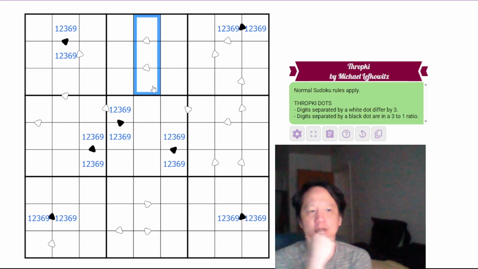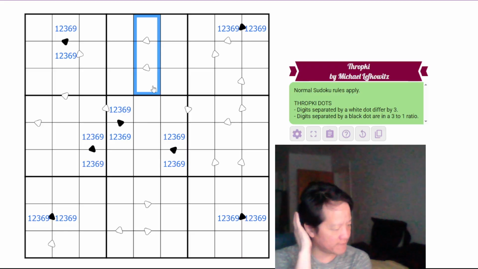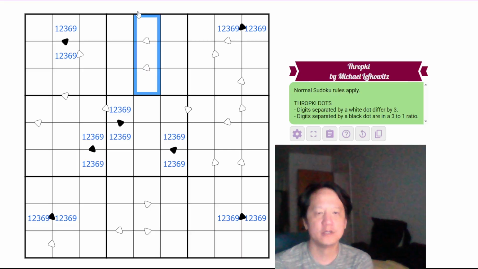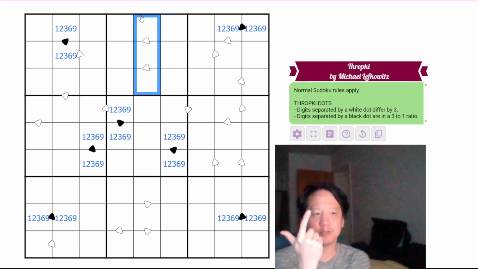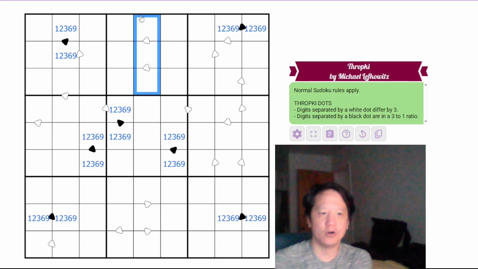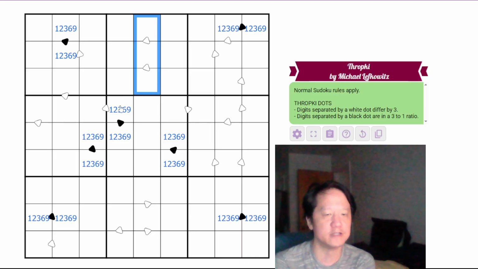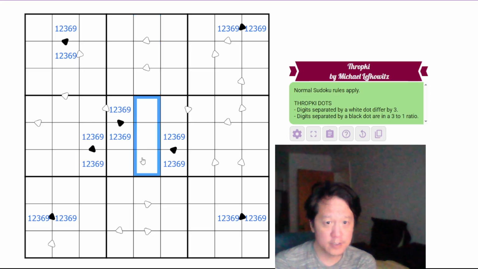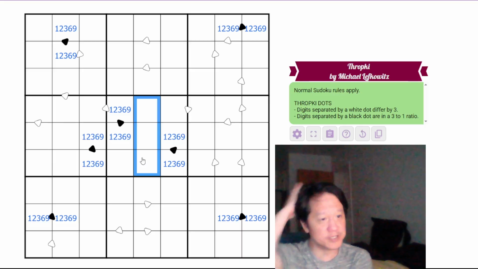If you had 1 being one of these, it must be next to 4 because it's 3 away from that, and then that must be next to 7. So you always will have either 1, 4, 7, 2, 5, 8, or 3, 6, 9 in these sets of 3 modulo dots in a row. That means these digits must also be the same modulo set.